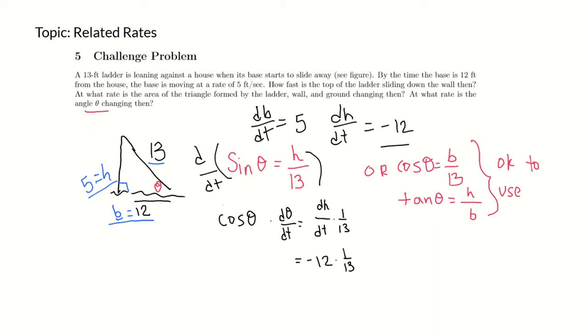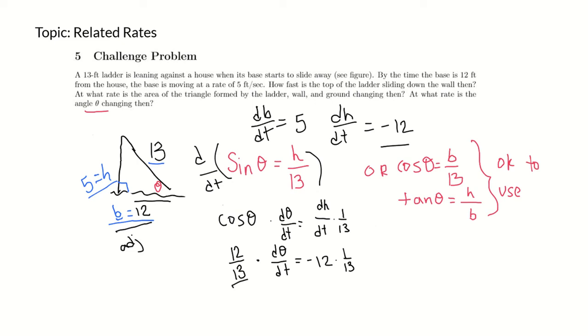And what we're trying to find is d theta/dt, but we still have this other theta in the equation. We have cos theta here. So if we look, cos theta, at this time it's adjacent over hypotenuse, and at this time the adjacent side is 12. This base right here is adjacent to the angle. So instead of cosine theta, we can write 12 over 13, the trig ratio that goes with cosine. So now we have 12 over 13 times d theta/dt equals negative 12 over 13.